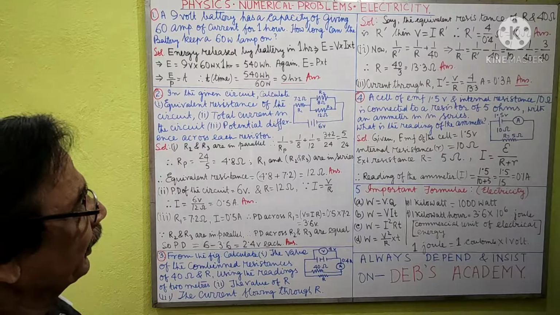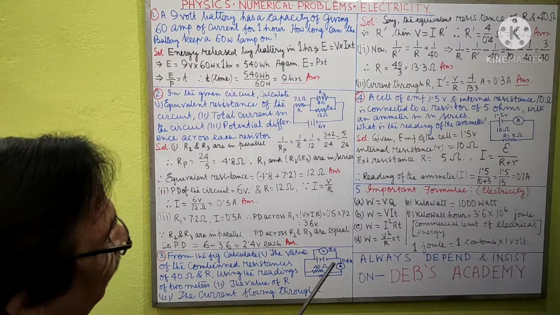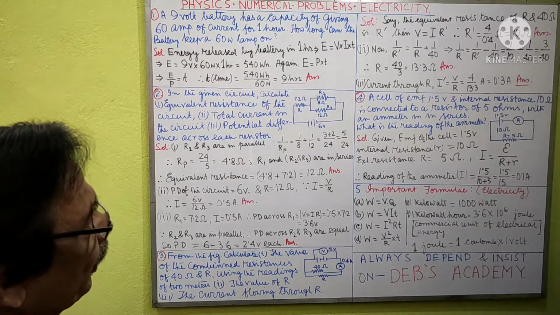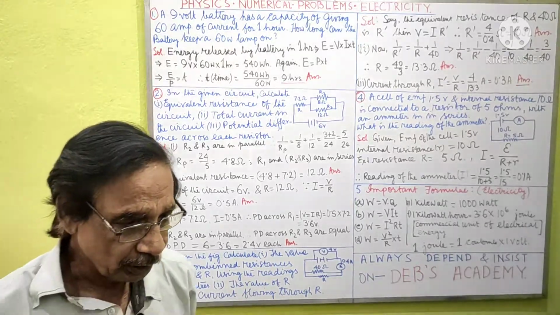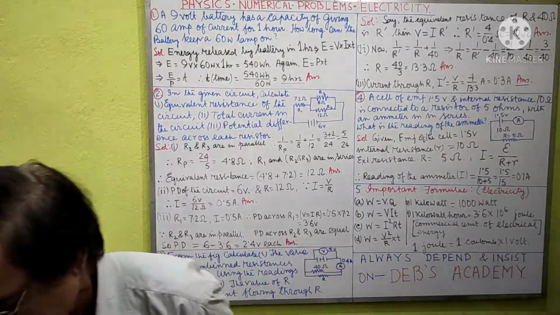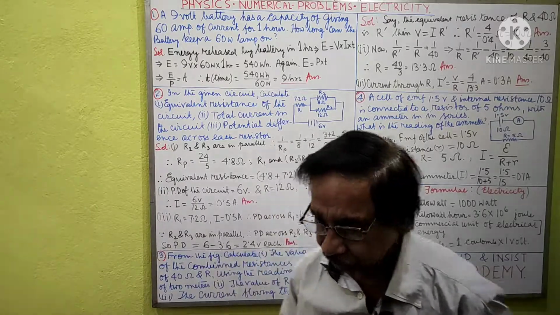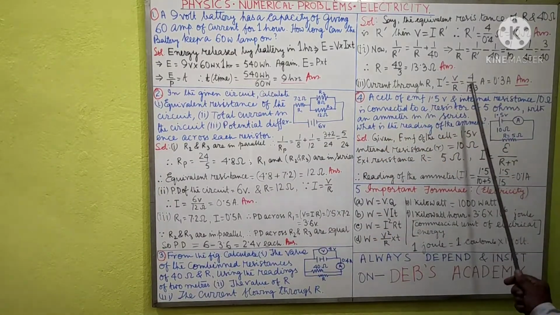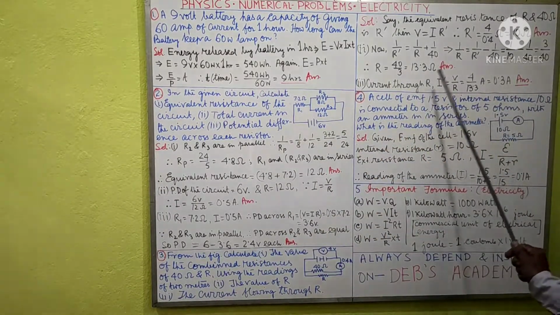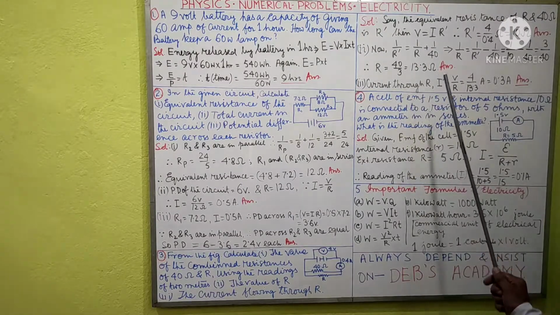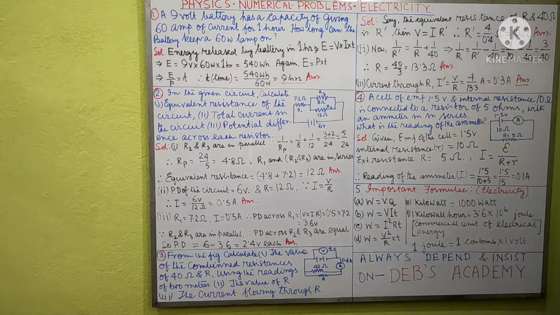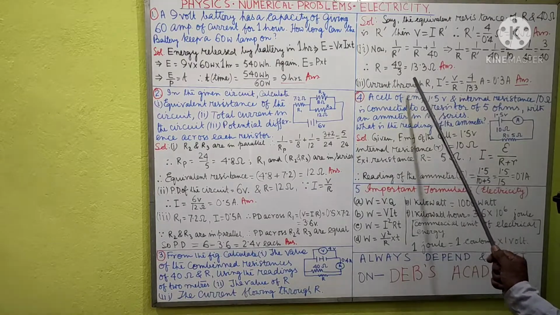Therefore R dash equal to 13.3. This is R equal to 13.3.